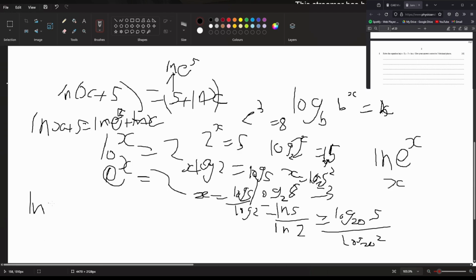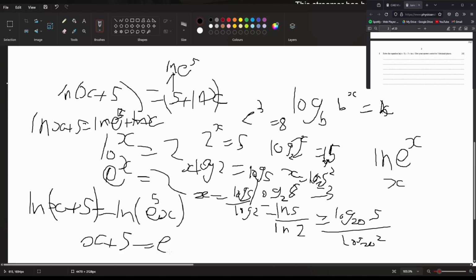So you can do ln x plus 5 equals ln, I'll add the brackets, e to the 5 times x, and now you can notice these are both ln, so you can assume that the things in brackets are equivalent. x plus 5 equals e to the 5x.